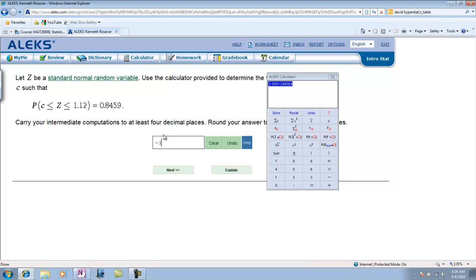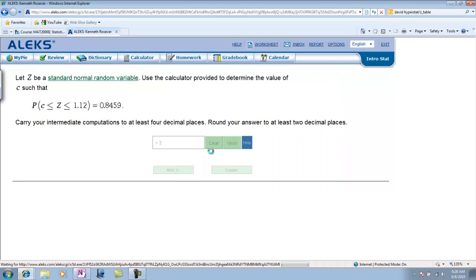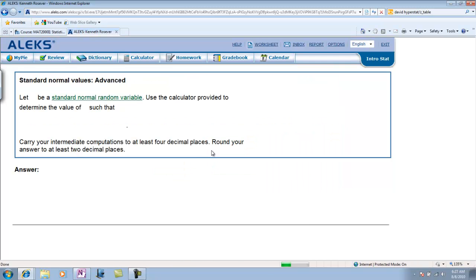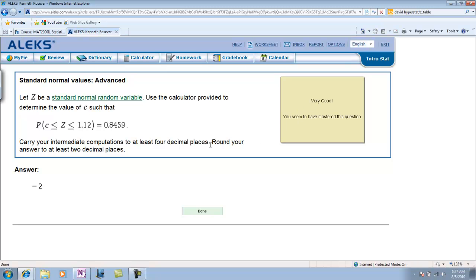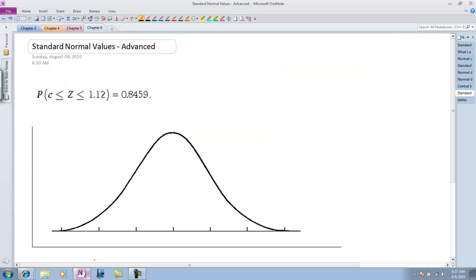Okay, and it says very good. Okay, so let me explain now how I process through that in the calculations.